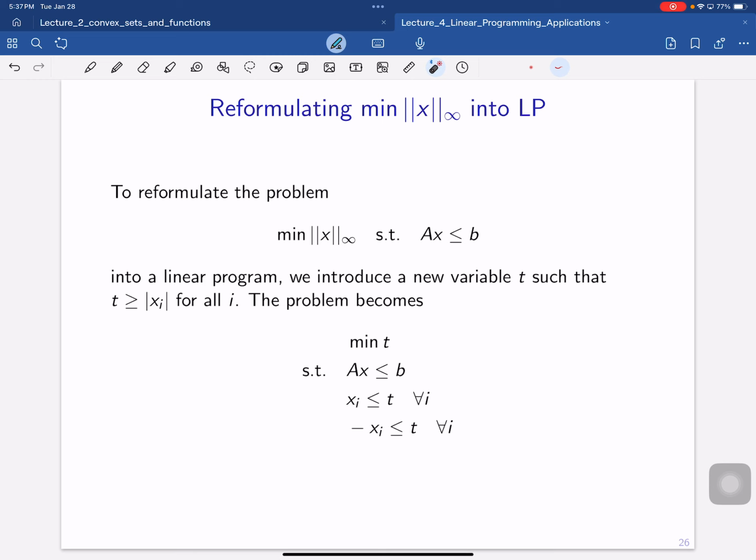The trick here is that since you are minimizing, but you have t greater than or equal to each absolute value, t will always take the minimum it can take. So that's why it is linear programming representable.